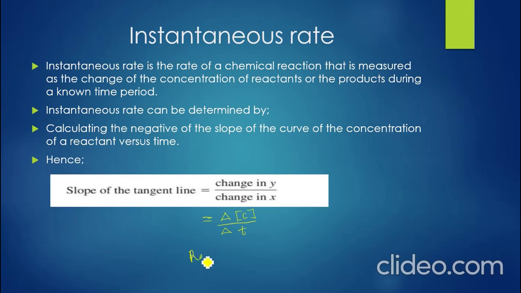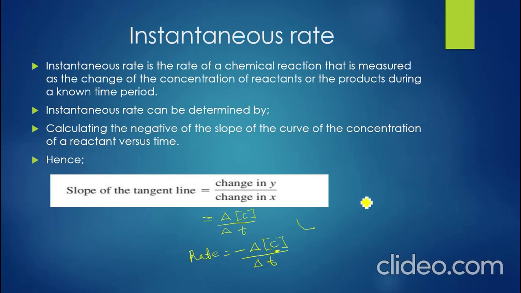You need to know that rate is equal to the negative change of the concentration over change in time. I'm sure you're able to know where this negative is coming from, because this concentration is decreasing with time. So therefore, since this one is decreasing, I'm going to relate it or compare it with the slope of the tangent line.